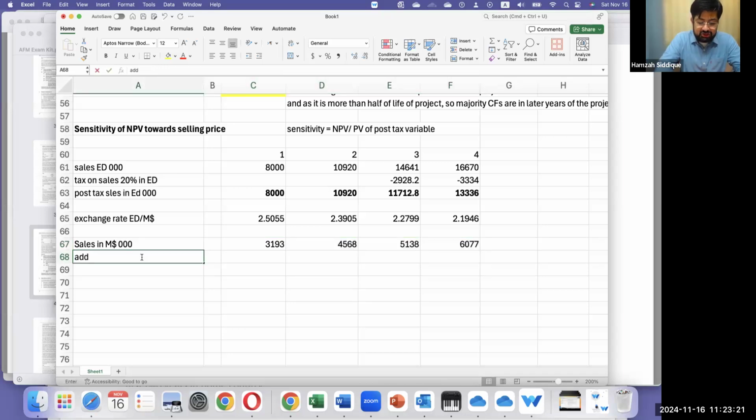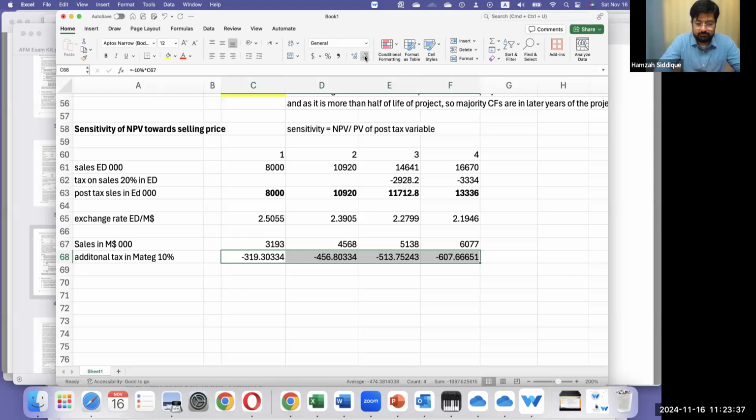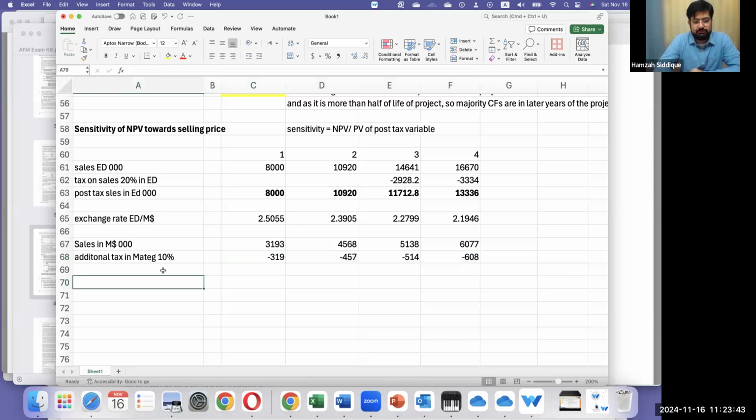Now, additional tax in Multic, that is 10%. Now, the next is net post-tax sales.